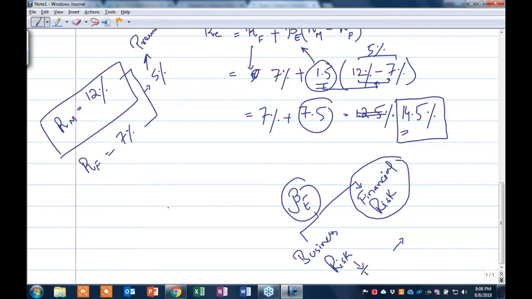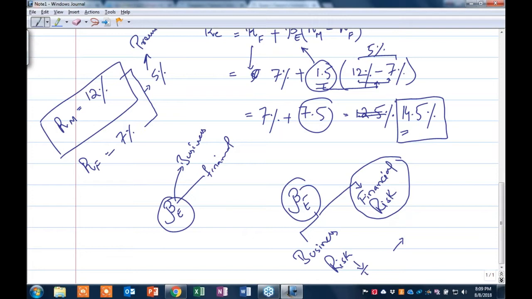So if a proxy company's equity beta is given in a question, we can't use it straight away as our equity beta, because this equity beta of the proxy company shows the business risk and financial risk of that company. So we share the business risk, but we don't share the financial risk if our debt to equity ratio is different from that company. So in that case, we can't use its equity beta as our equity beta.